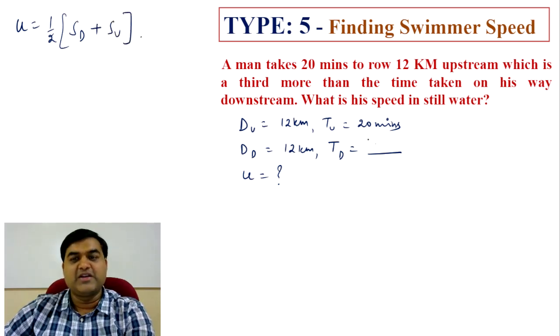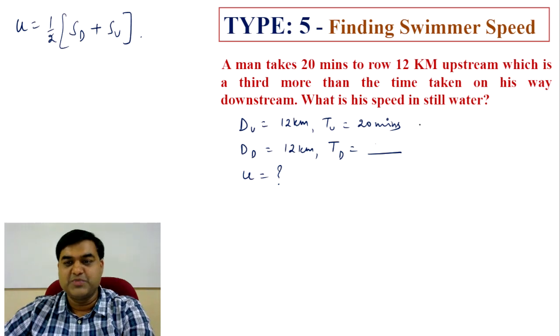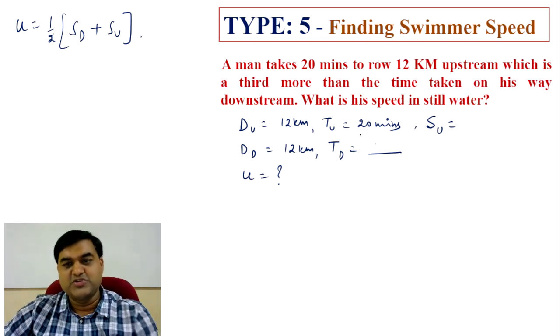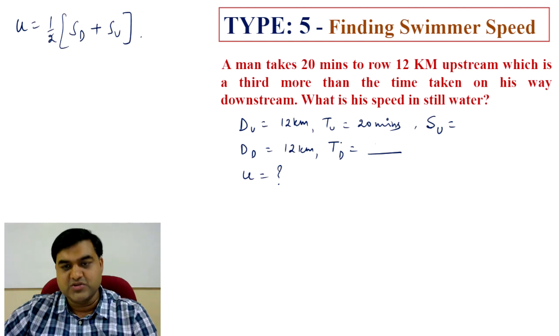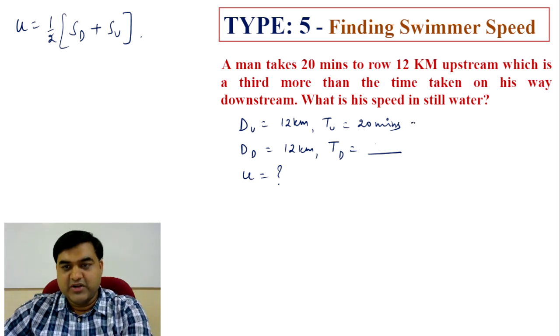We know the time, so let's try to find out the speed upstream. This minute has to be changed to hour. So 20 minute will be equal to 20 divided by 60 hours, isn't it?